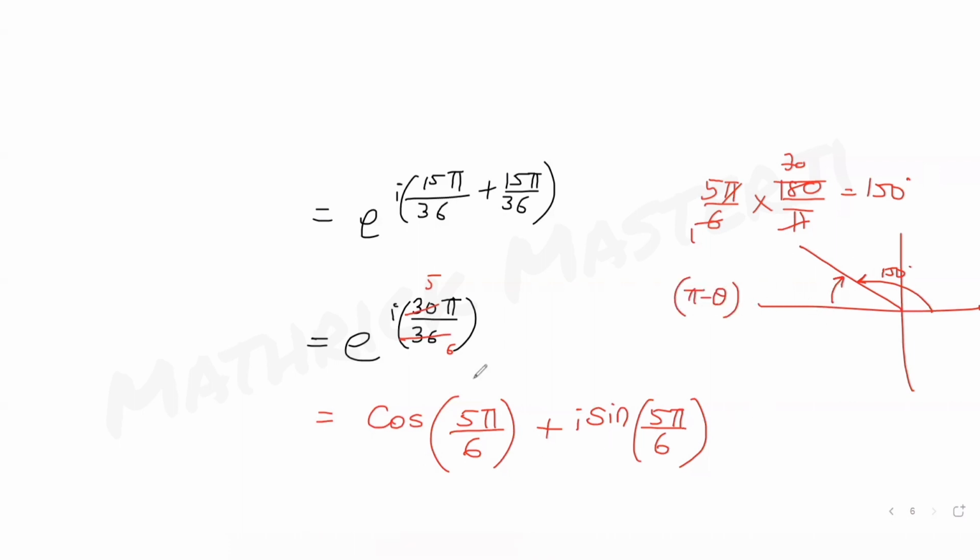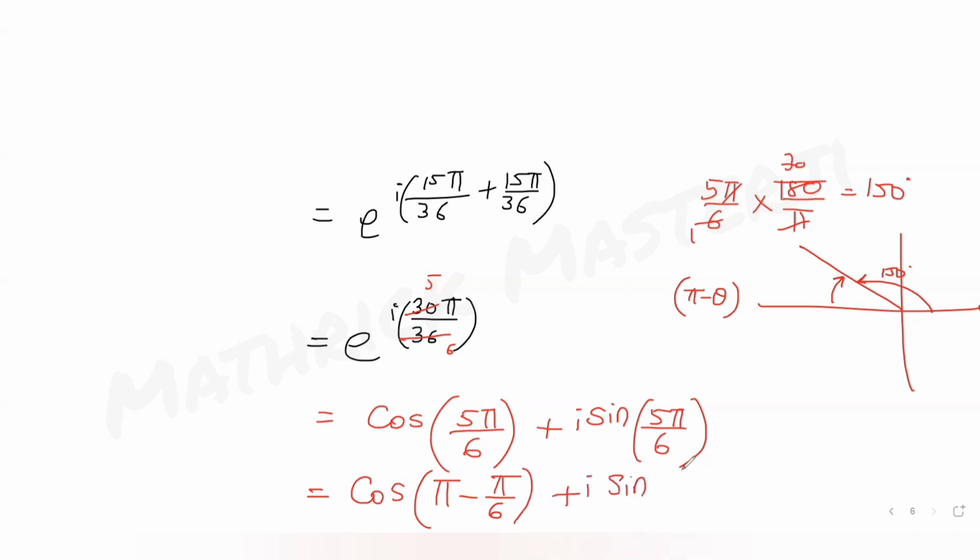So cos 150 degrees, I can write that as cos of 180 minus 30, because I wanted 150, right? So 180 minus 30, that is pi minus pi by 6.